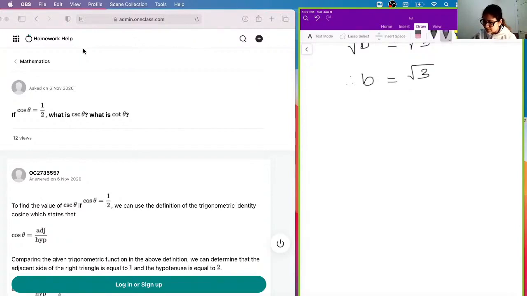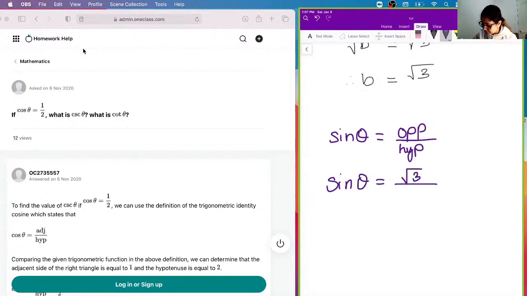Sine theta is opposite over hypotenuse. Our opposite side, as we just found, is root 3, and our hypotenuse is still the same. So our ratio of sine theta is equal to root 3 over 2.